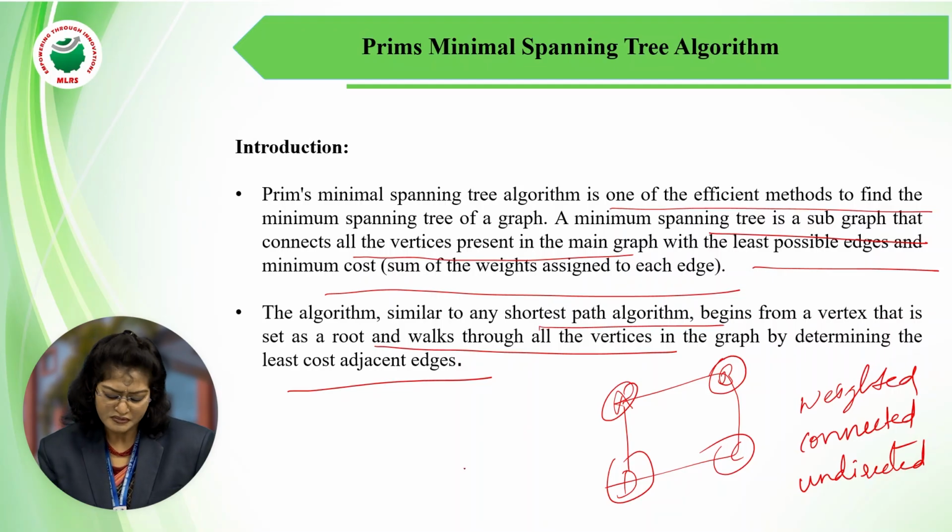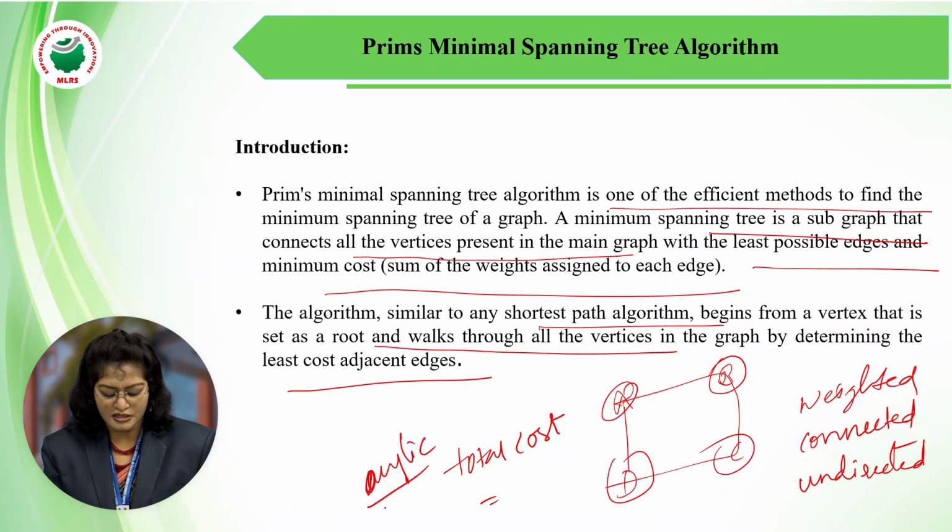At last we need to find the total cost. So how much is the total cost? And it should not be cyclic. You shouldn't maintain a cycle, and we have to consider all the vertices and nodes, connected, and V-1 edges, and all that we need to check in this particular minimum cost Prim's algorithm.